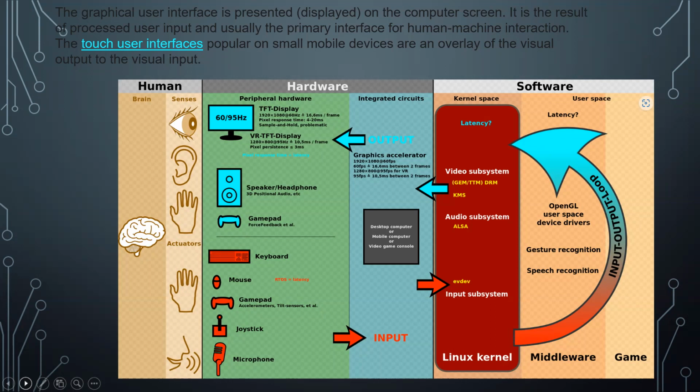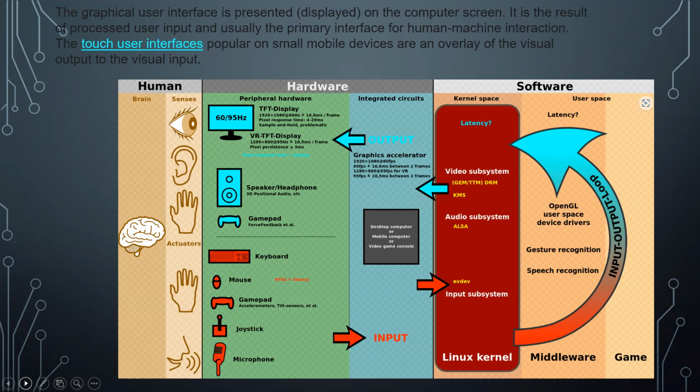So first one is the input, that is a human. Humans can input through seeing and hearing and actuators, those are our hands or fingers. So input is either through keyboard or game board or joystick or microphone.